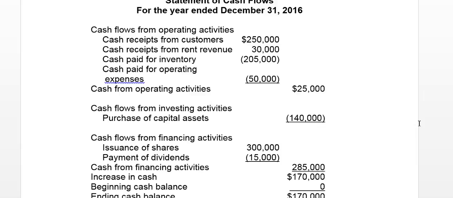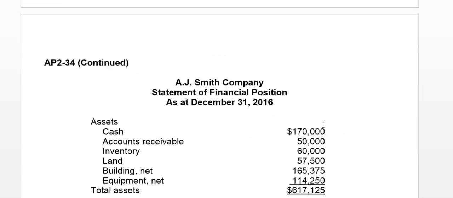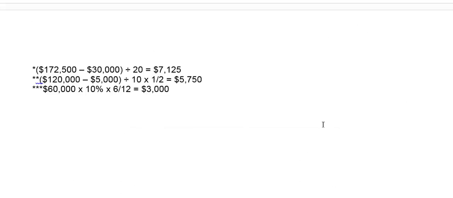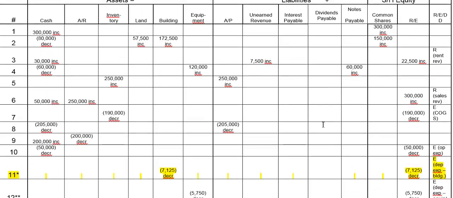All right, $140,000. So if you're not sure where any of these numbers come from, you can certainly go back to the template, right? So let's go back here and look at what we had in terms of capital assets. If you don't remember, you'll remember that we paid $80,000 on January the 1st, right? And then we bought equipment and we paid $60,000 in cash.